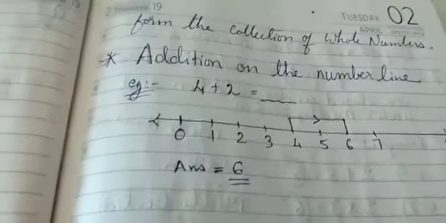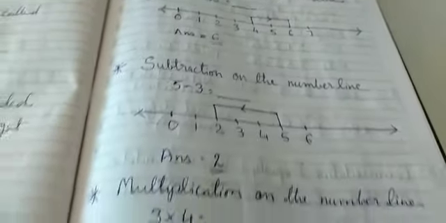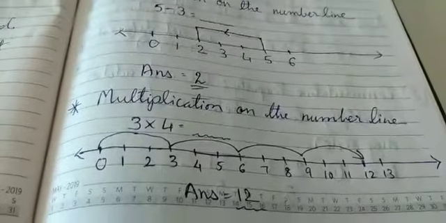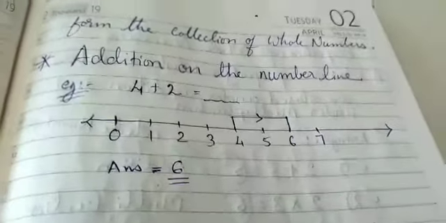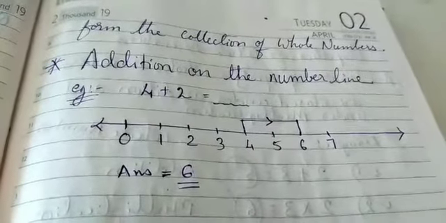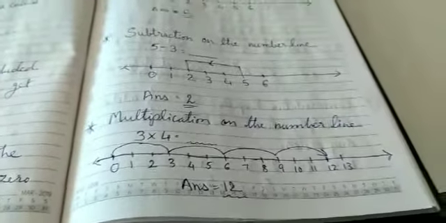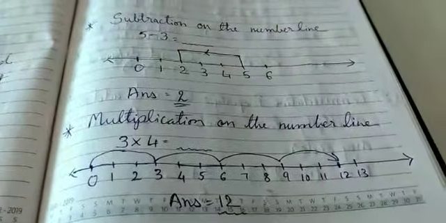Now today what we are going to do with these whole numbers? We are going to see addition on the number line. Okay. Then subtraction on the number line and multiplication on the number line. As such children, you know simple addition of two single digit numbers, subtraction of 2 single digit numbers, and even multiplication of 2 single digit numbers.